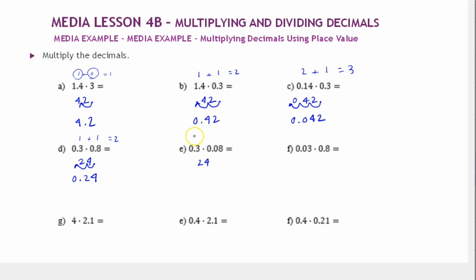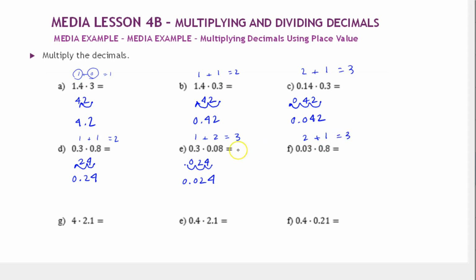In letter E, we have 1 decimal to the right. Here we have 2 decimals to the right, totaling 3. Moving from right to left, 1, 2, 3, we have 0.024. And here we have 2 decimals to the right, 1 decimal to the right, totaling 3.